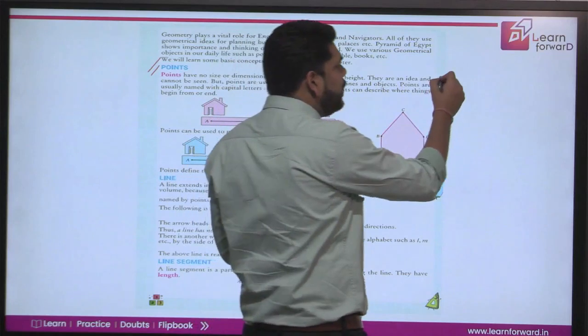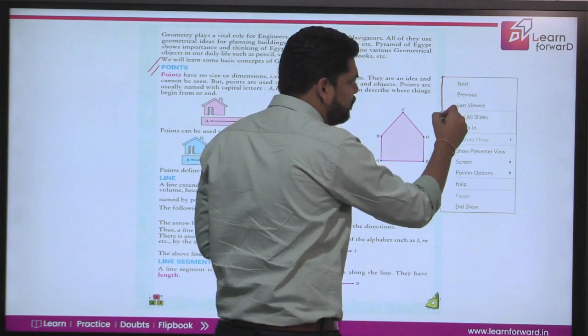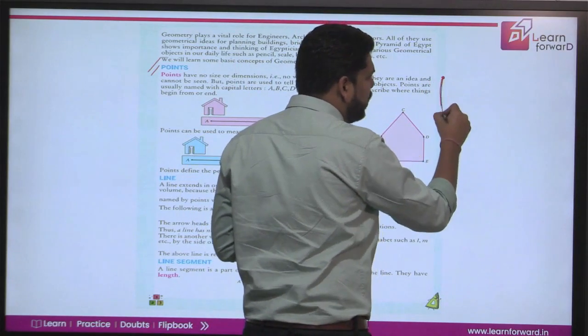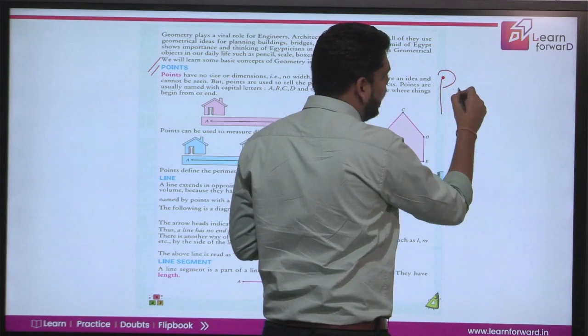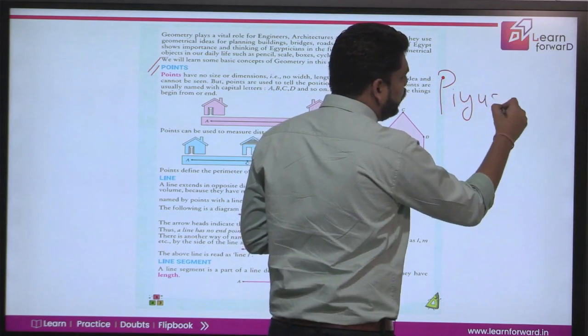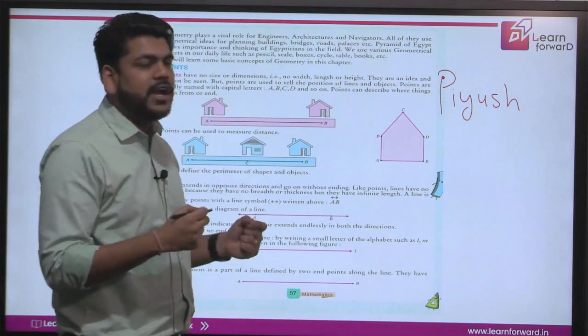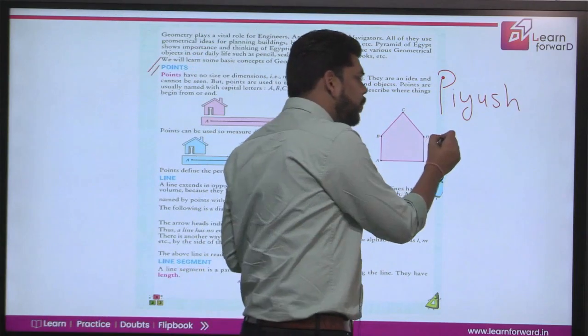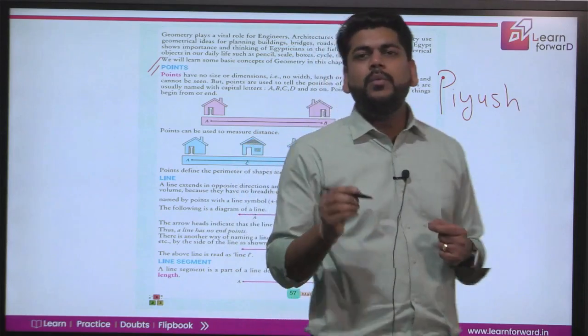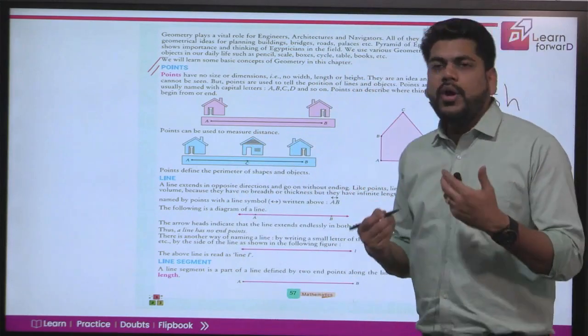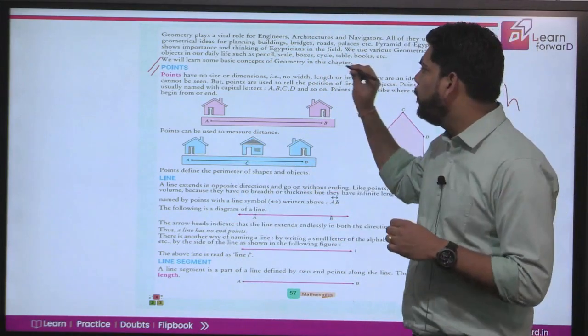After that, we will be able to start writing. If my name is Piyush, what will I be writing? P-I-Y-U-S-H, right? But when I started to write my name, I started with the point. So whenever we start drawing something, we start with a point.